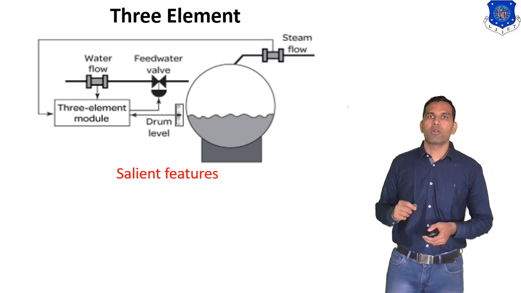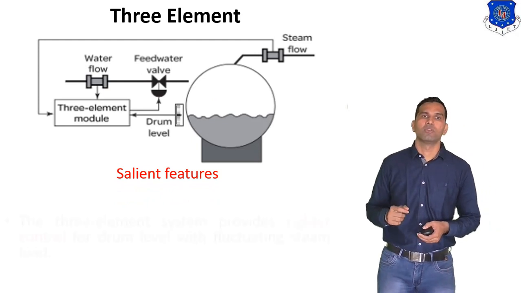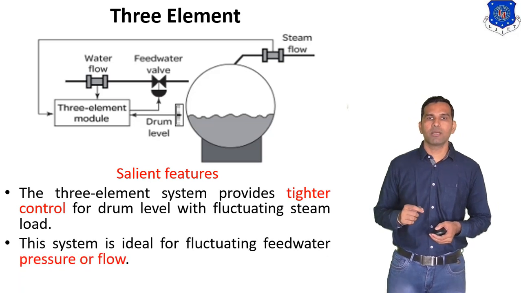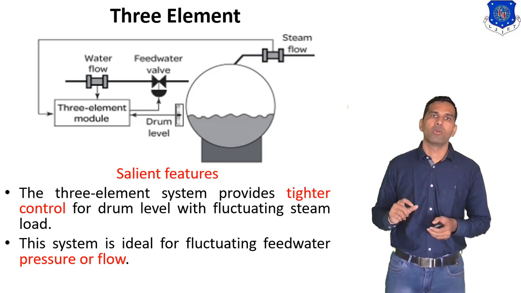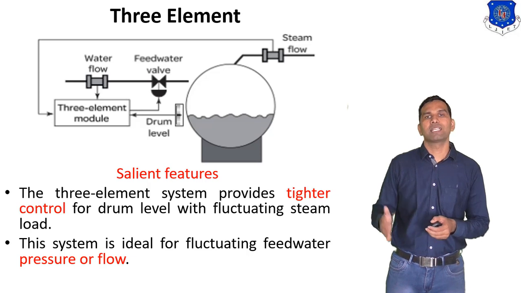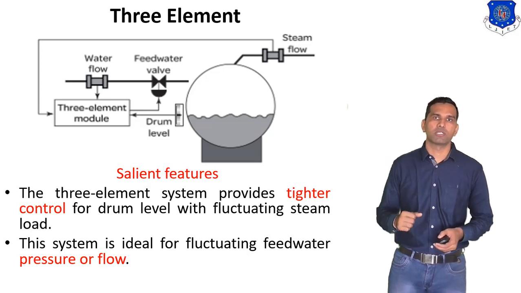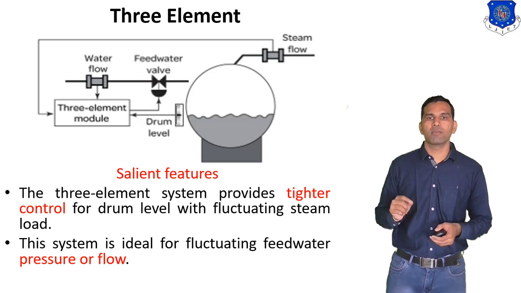Now we discuss the salient features of this 3-element control system. The 3-element system provides tighter control of the drum level with fluctuating steam flow. That means it provides better control than the single element and 2-element control systems. And this system is ideal for fluctuating feed water pressure or flow.